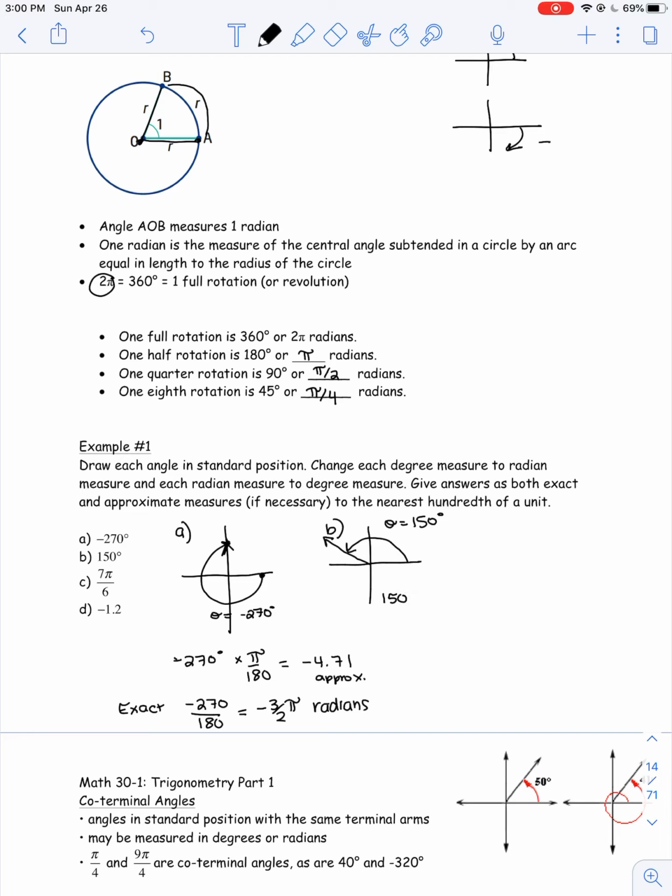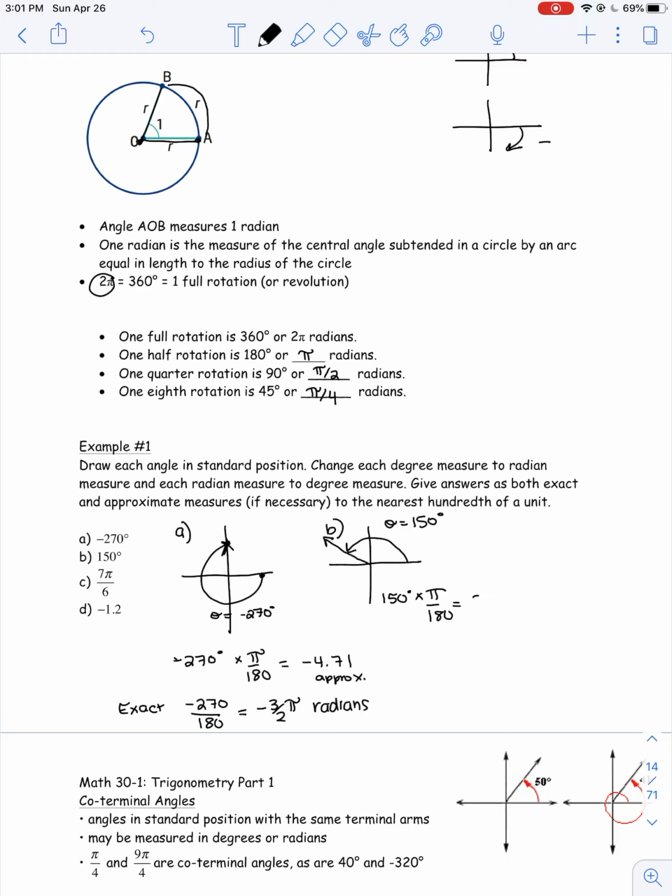Just like in the previous step, we take 150 degrees and multiply by pi over 180, and that converts it into radians.